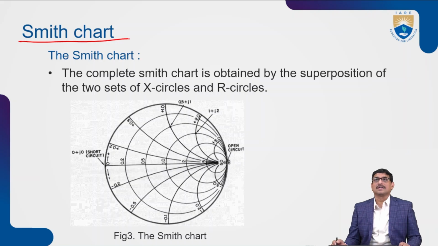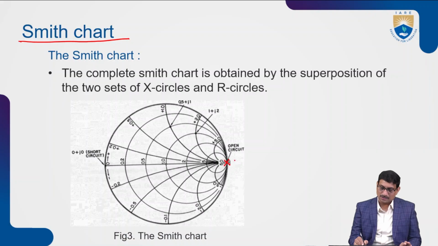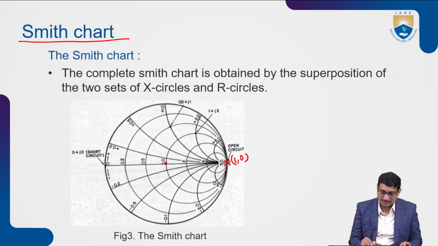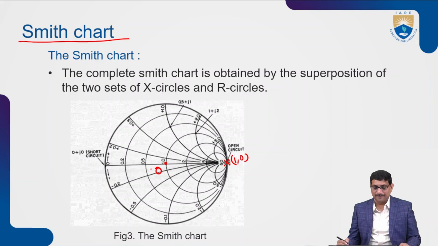Therefore, the Smith chart is obtained by the superposition of the two sets of circles, which are X circles and R circles. All the X circles pass through, and touch, the point 1, 0, and this is called the center of the Smith chart, right?